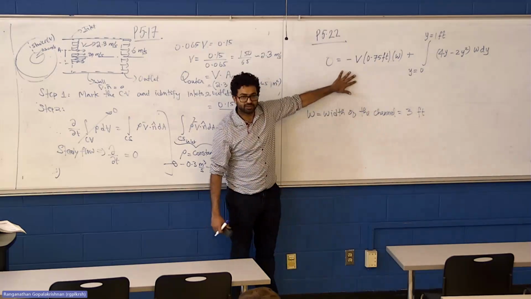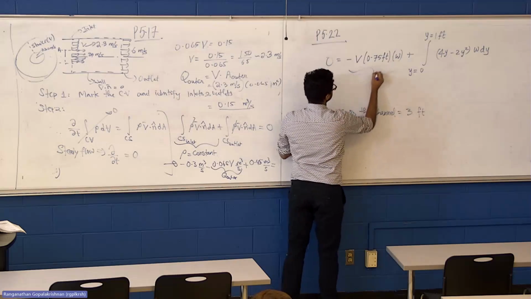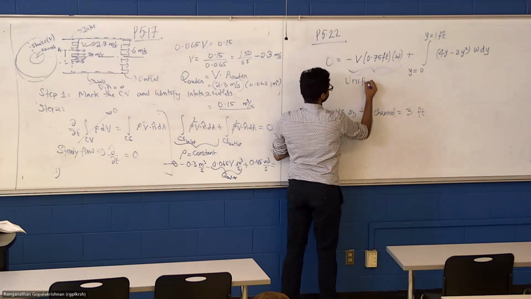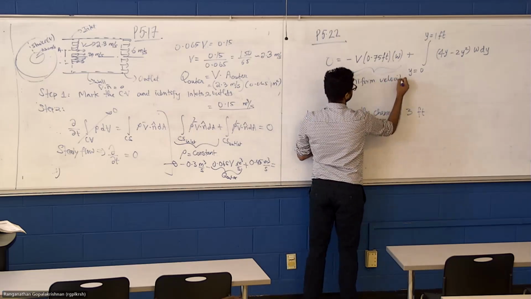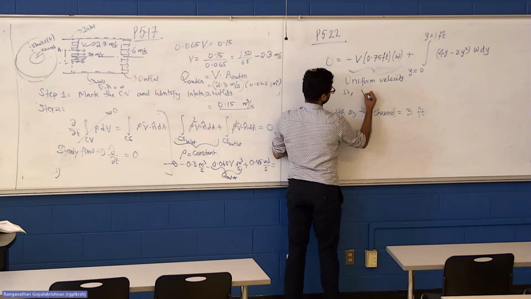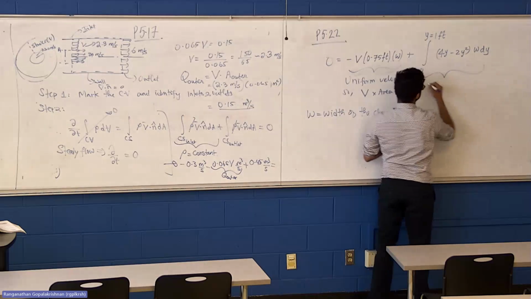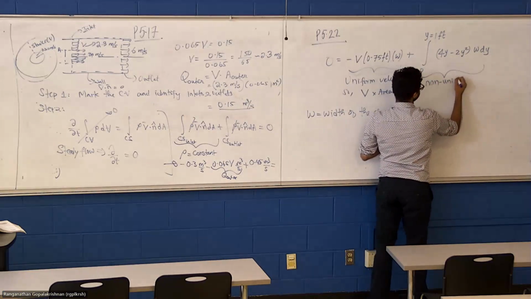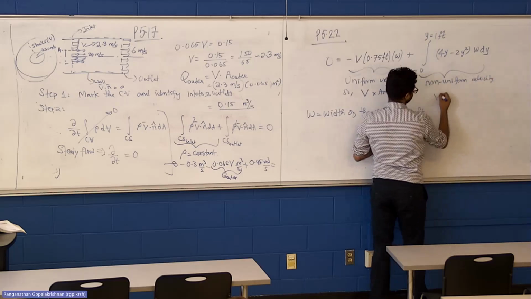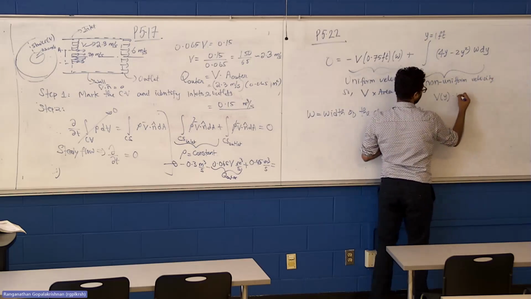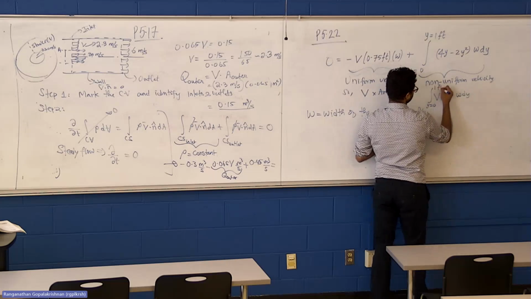Is this making sense to you? This is uniform velocity, so we can just do velocity times area. This is non-uniform velocity, so we'll have to do velocity as a function of y multiplied by W dy, integral y equal to 0 to 1 feet.